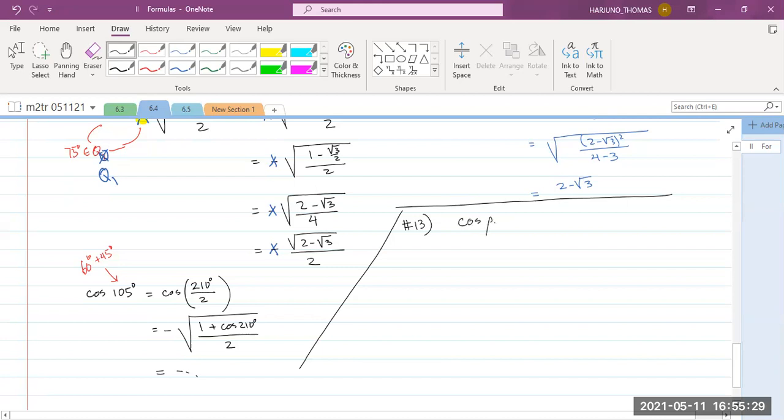Cosine beta is 9 over 41, and beta is in quadrant 4. Find the exact value of tangent beta over 2. The exact value.